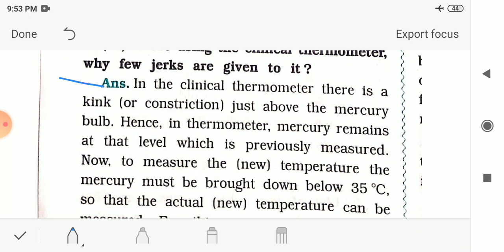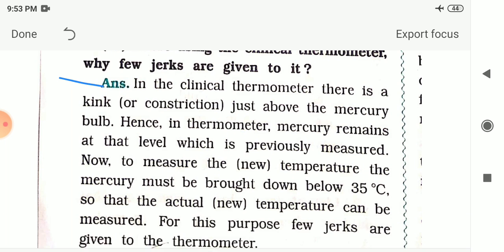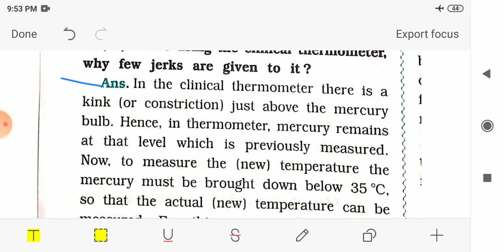And hence in the thermometer, mercury remains at the level which was previously measured. Because of this kink, mercury remains at that level. Suppose you had previously read a temperature of 37 degrees Celsius. Then when you go for another reading, because of this kink, the mercury level will remain at 37 degrees Celsius.